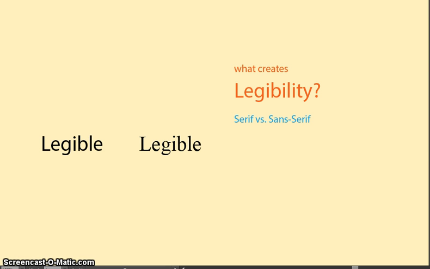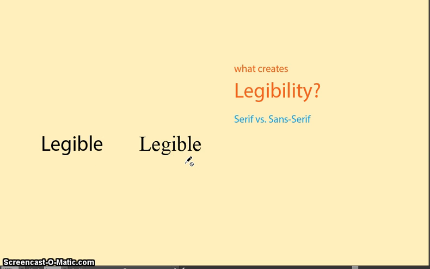This one talks about serif and sans serif. This one is serif and this one is sans serif. What is serif? Serif is the tip marks on the top, right here. This one has nothing there, so you call it sans serif.